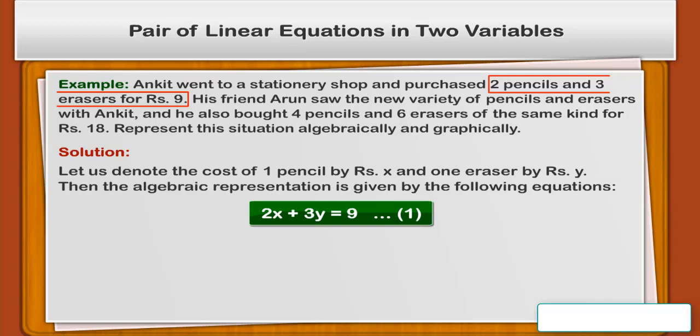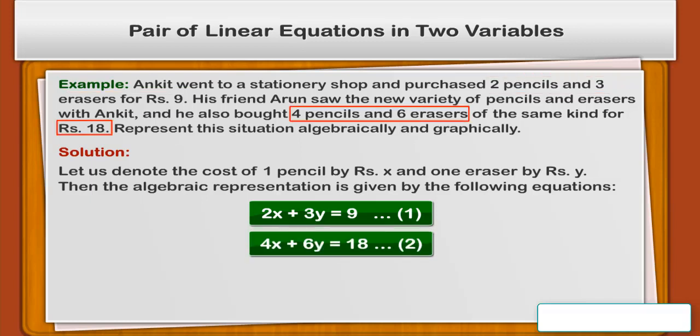This is equation 1, and it is obtained from the first condition given in the question when Ankit is buying 2 pencils and 3 erasers. 4x + 6y = 18. This is equation 2, and it is obtained from the second condition when Arun is buying 4 pencils and 6 erasers. These 2 equations represent the situation algebraically.